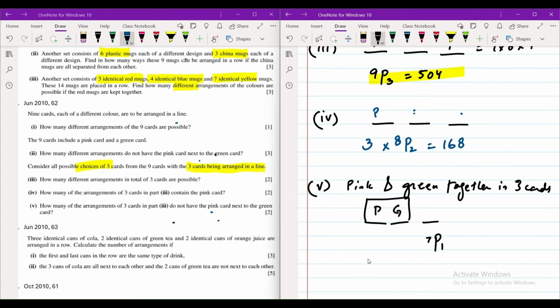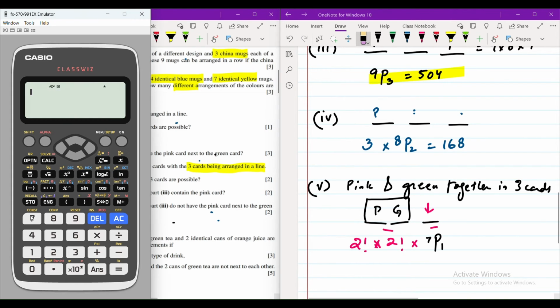So 7 choices for one of the places, and 2 factorial for these 2 units, and 2 factorial for the internal arrangements of pink and green. And for all the possible selections for the last digit. So 7p1 times by 2 times by 2, we get 28.